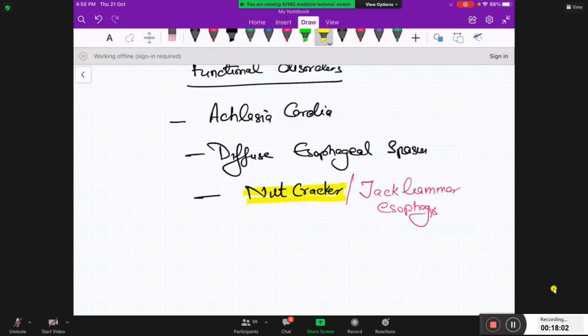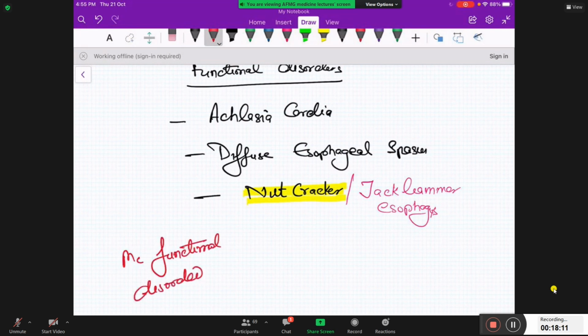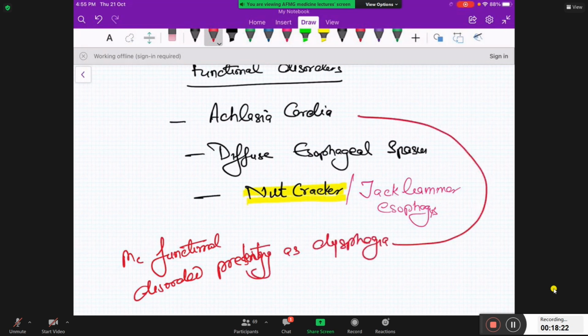But having said this, if the most common functional disorder of esophagus presenting as dysphagia is asked, then it will be achalasia cardia. But the most common functional disorder of the esophagus in general is jackhammer esophagus.